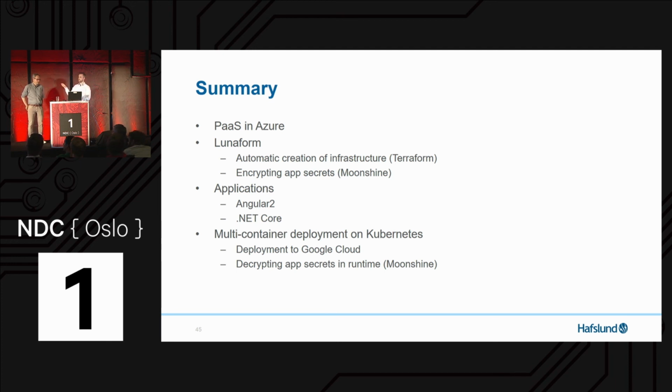And we run Lunaform for automatic infrastructure creation and application secrets encryption. And then we usually use Angular for front-end stuff, and we use .NET Core for back-end services. And finally, we deploy all of these as multi-container applications through Kubernetes on Google Cloud.